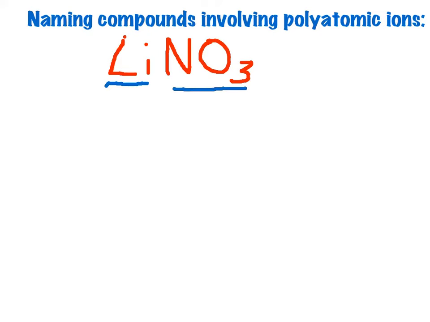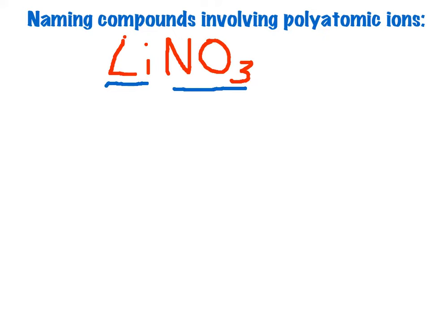What I want you to be seeing when you look at this compound is that it's made up of the metal lithium, and then it has this other part, this NO3. I don't want you to look at NO3 as being a nitrogen with 3 oxygens. This is the nitrate ion. It's a group of atoms, so that should trigger in your mind, you need to go look at a polyatomic table and find out what NO3 is called. And when you look at that table, you'll see that it's nitrate.